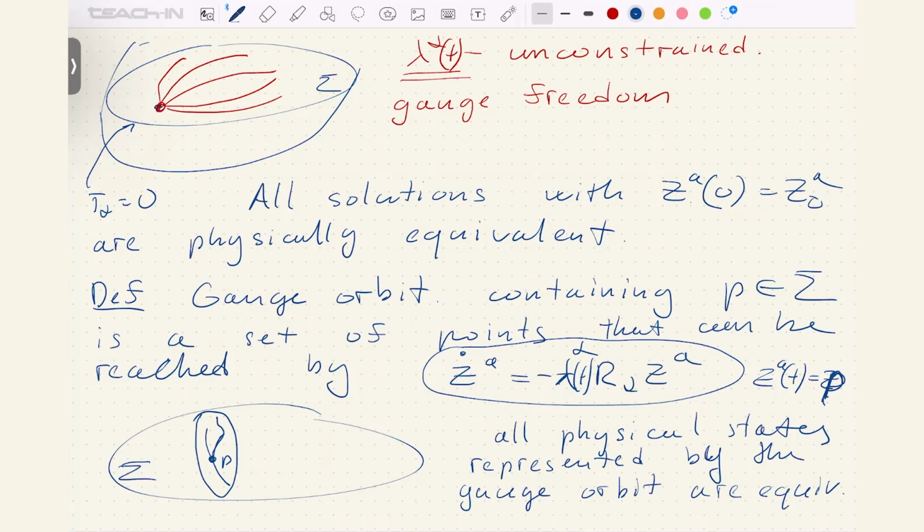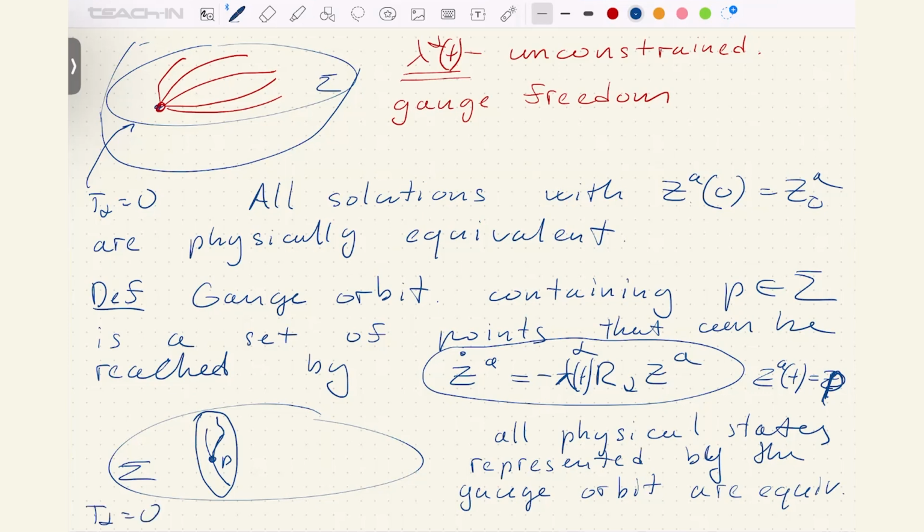Now we go to unusual Hamiltonian systems, which are first-class constrained Hamiltonian systems. There are two differences. First, not any point of our phase space represents a physical state. This is because we have our equation T alpha equals 0.